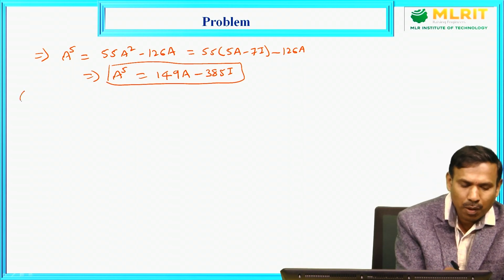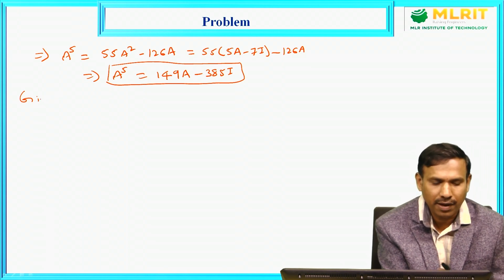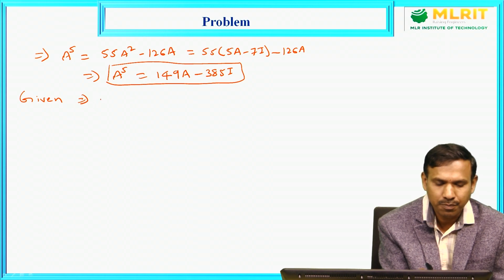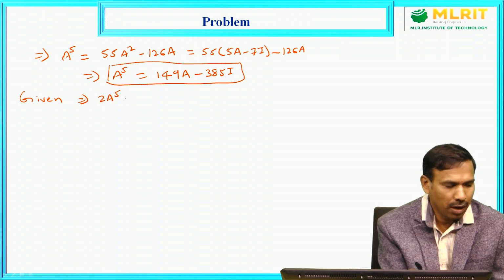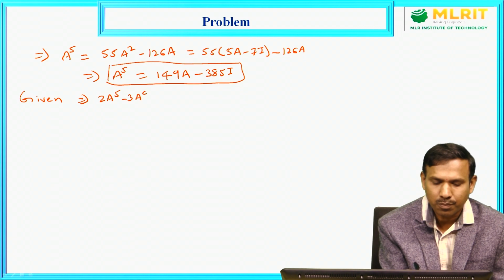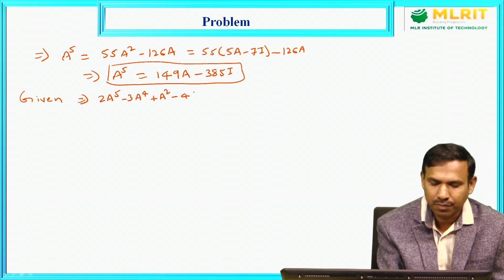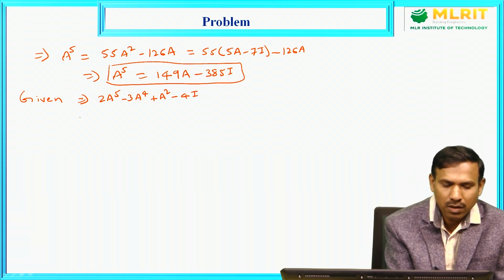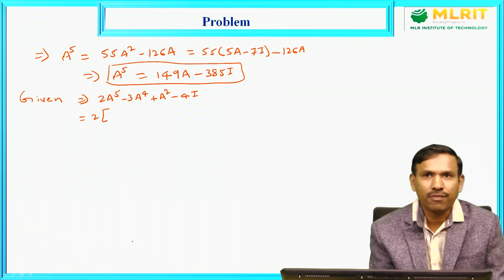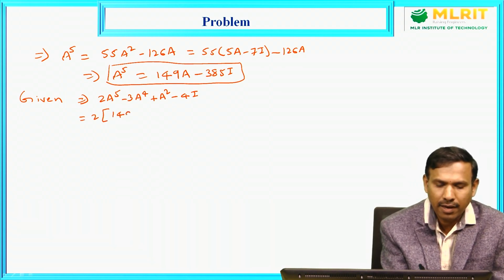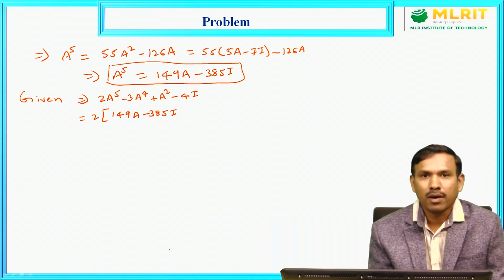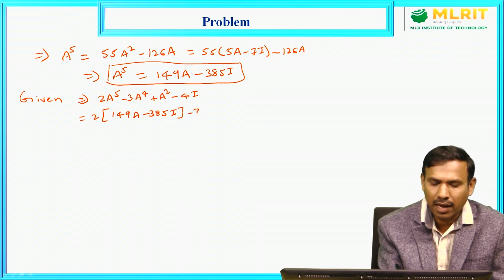Now, the given polynomial, the given equation, that is 2a power 5 minus 3a power 4 plus a square minus 4i, we are replacing in the linear polynomial, that is equal to 2 into a power 5. So, we have 149a minus 385i. Next, minus 3a power 4.